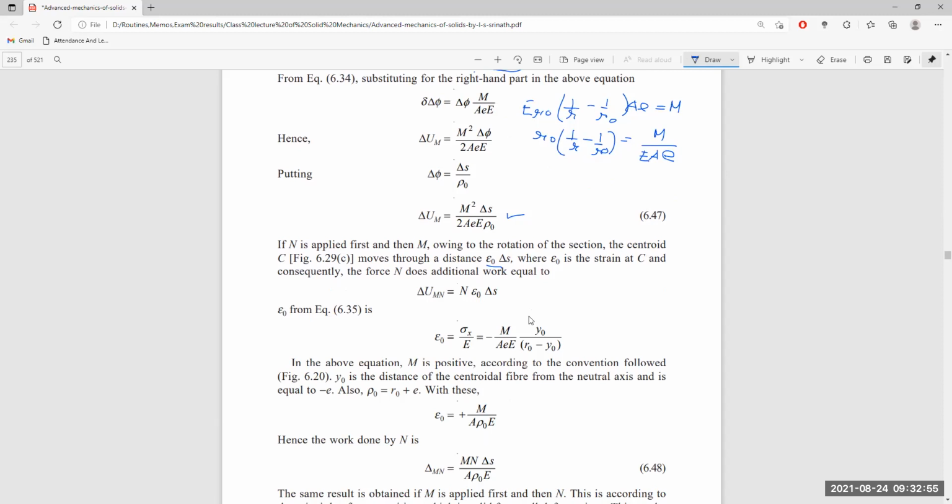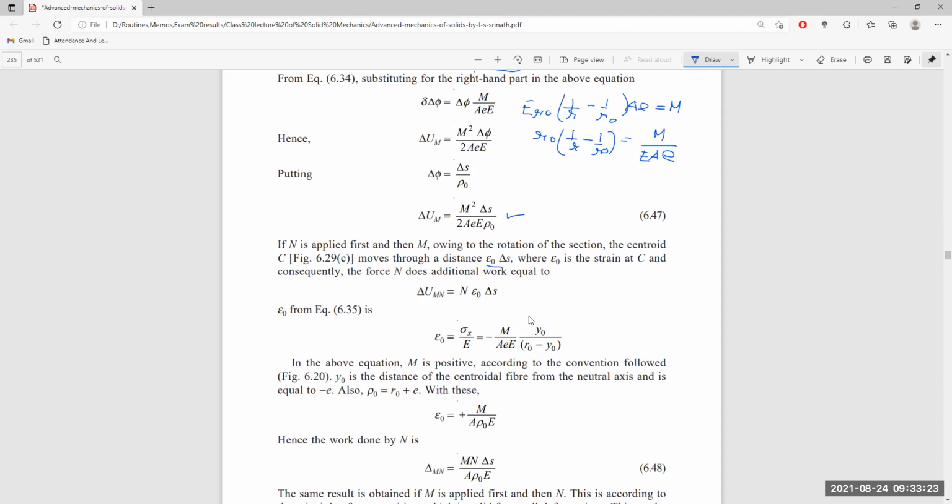Epsilon 0 means the longitudinal strain multiplied by the movement delta S itself, where epsilon 0 is the longitudinal strain multiplied by the distance, which means the actual deformation that takes place at C. And the force does the additional work required, that is N into epsilon, the force into deformation is done by it.